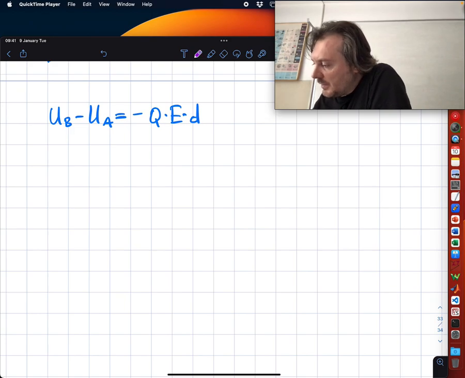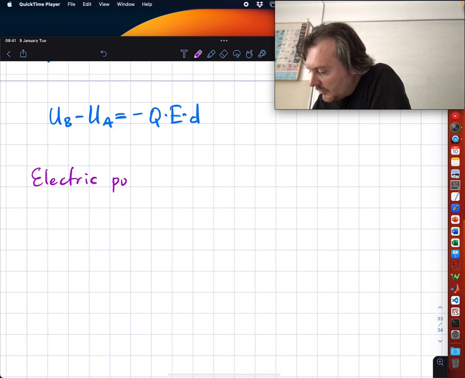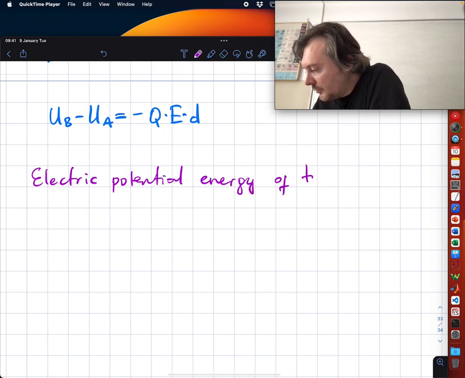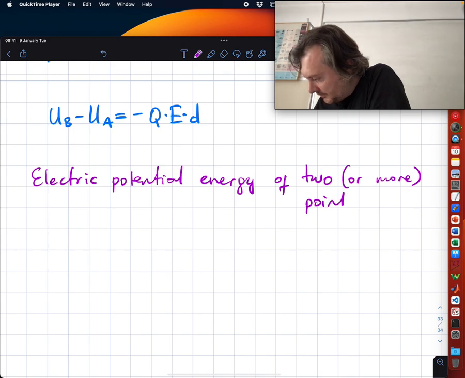So let's talk about electric potential energy of point charges. Okay, two or more point charges.